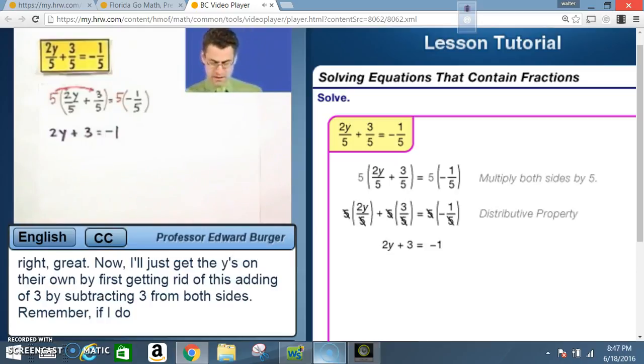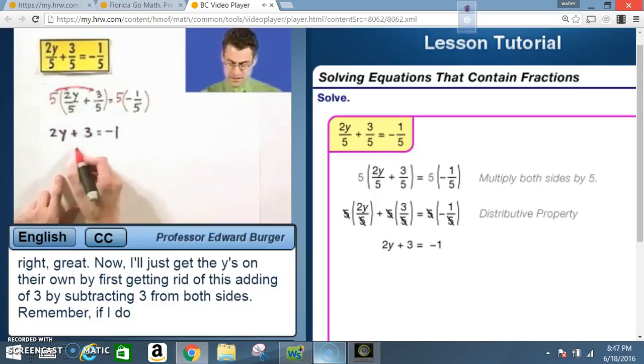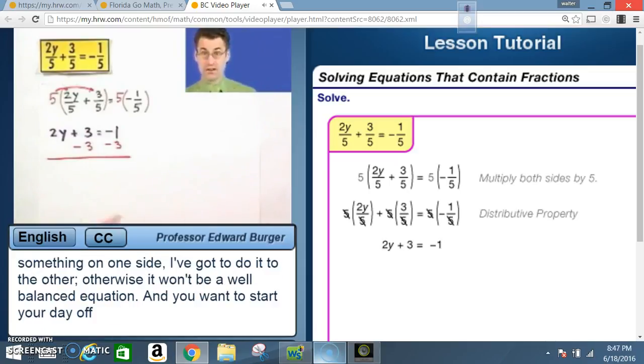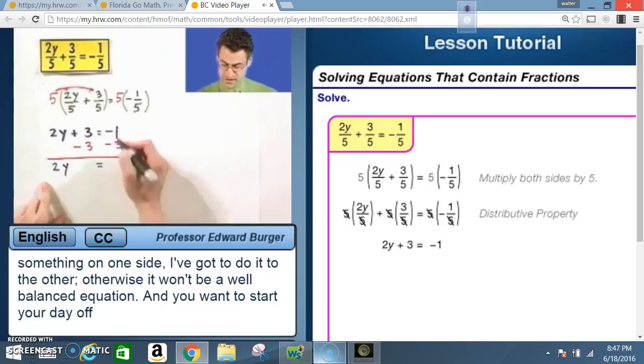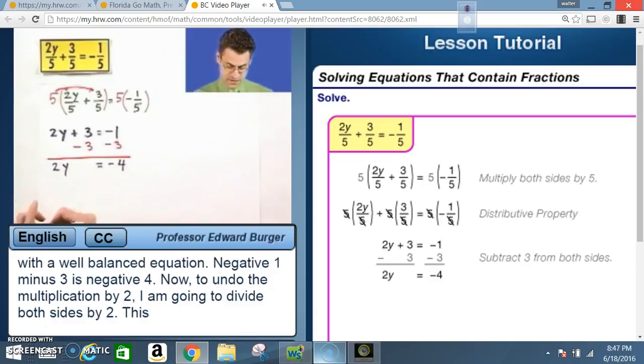Alright, great. Well now I just will get the y's on their own by first getting rid of this adding of 3 by subtracting 3 from both sides. Remember, if I do something to one side, I've got to do it to the other, otherwise it won't be a well-balanced equation. And you want to start your day off with a well-balanced equation. Negative 1 minus 3 is negative 4. And now, to undo the multiplication by 2, I'm going to divide both sides by 2.